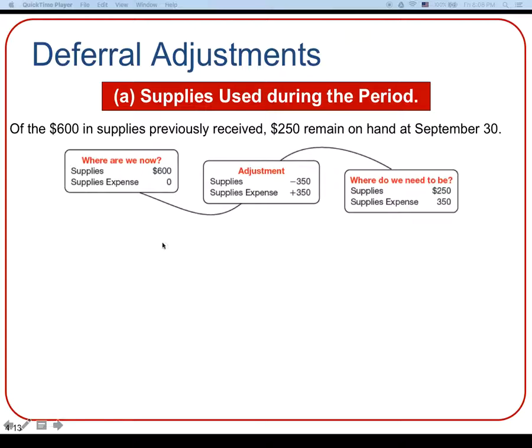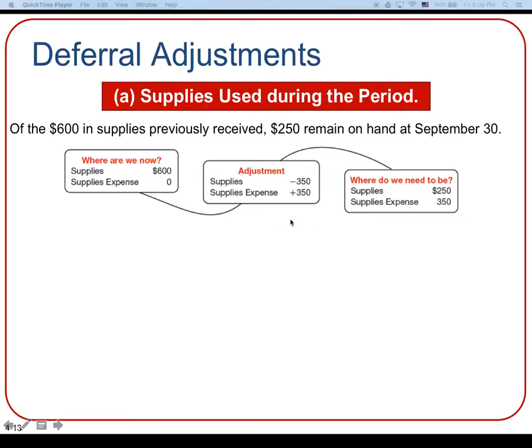Okay, so where are we now? In the unadjusted balance, we still have $600 there. How much adjustment do we need? Because the balance should be only 250, we need to make an adjustment of 350. With this 350 adjustment, we need to take down the supplies, right?